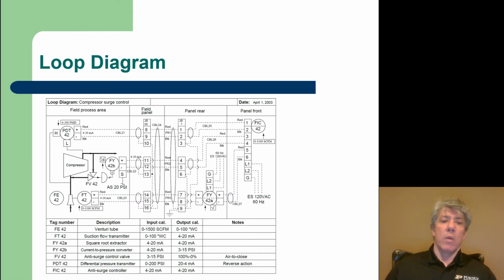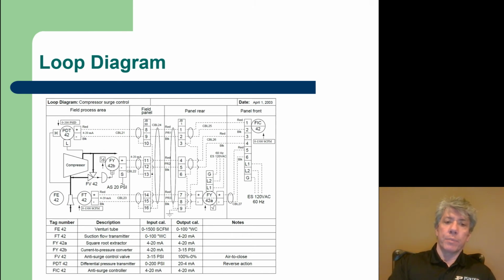In other words, when the current signal coming into it goes up, the pressure signal coming out of it goes up. It increases the amount that FV42 is closed. So it's a direct relationship because an increase in the input increases the output.